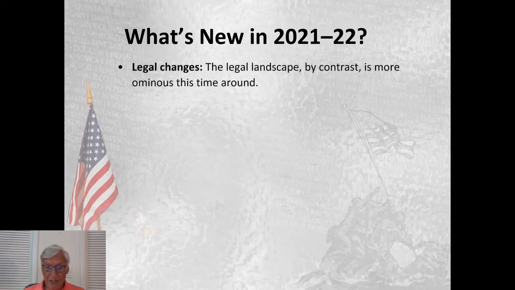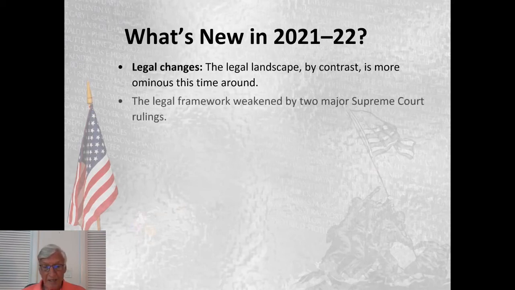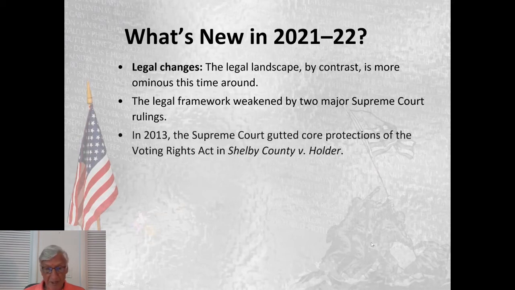Legal changes. The legal landscape, by contrast, is more ominous this time around. The legal framework was weakened by two major Supreme Court rulings. The Supreme Court bowed out of really doing what it should do, and this is unfortunate. In 2013, the Supreme Court gutted core protections of the Voting Rights Act in Shelby County v.